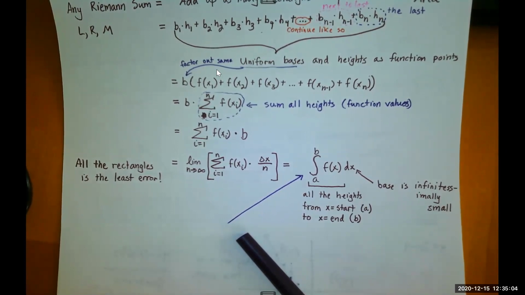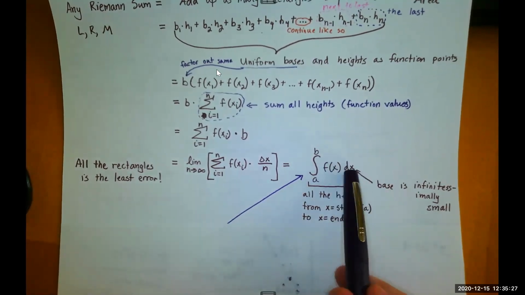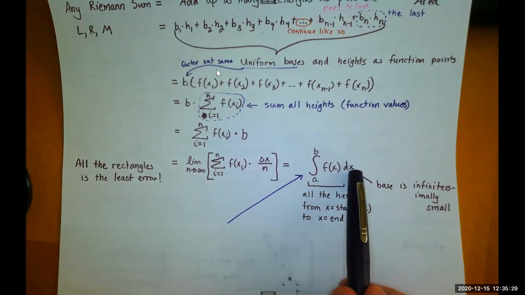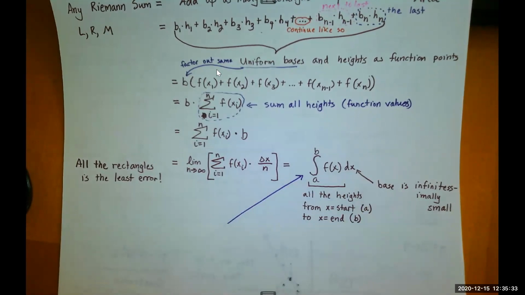Remember, the derivative has a limit definition, and by getting 2 points infinitely close together, actually making the distance between the 2 points infinitely small, we skirt around the issue that we'd be at the same point and it would be 0 divided by 0. So this is the same kind of idea. The base is infinitesimally small, so we call it dx. So it has no effect on the calculation.